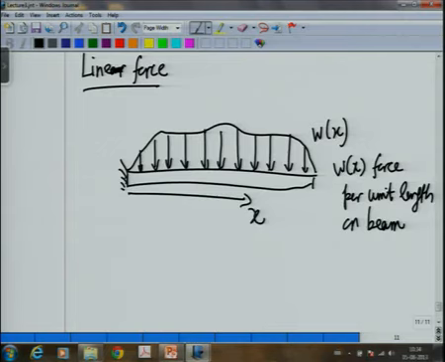So now to find the total force due to W of x, we draw a free body diagram and we look at a section dx.